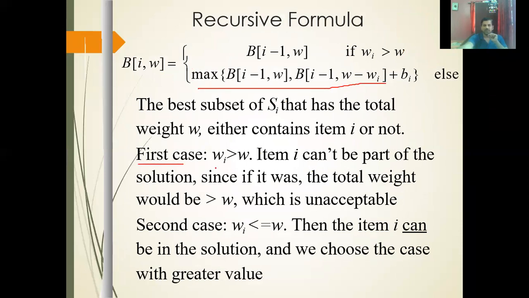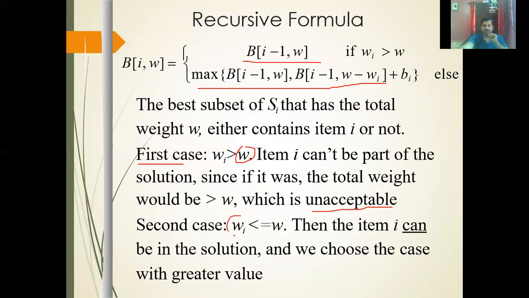The first case, the weight of the current item is greater than the current capacity of the knapsack W. Item I cannot be part of the solution, since if it was, the total weight would be greater than the current capacity of the knapsack W, which is unacceptable. I'm not considering the current weight in your first case.